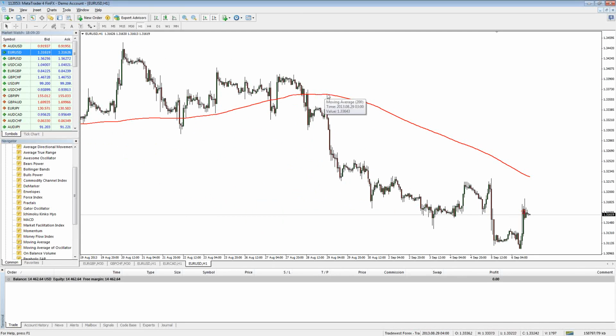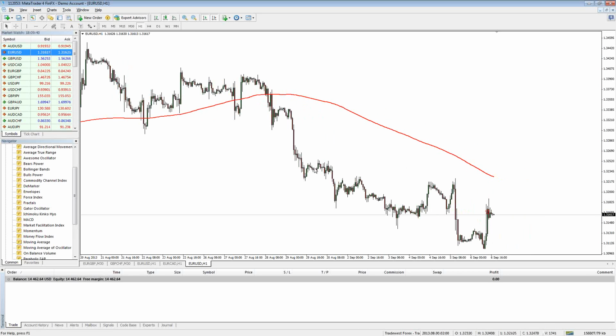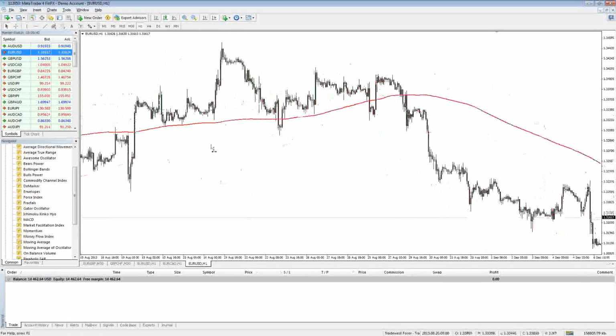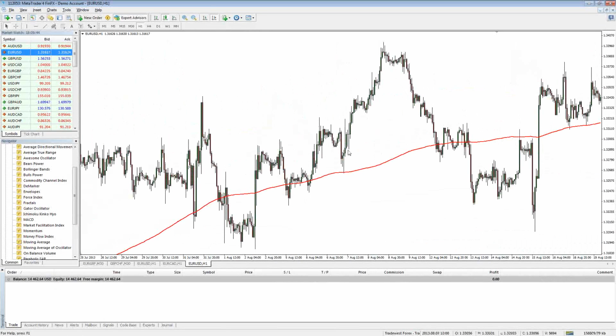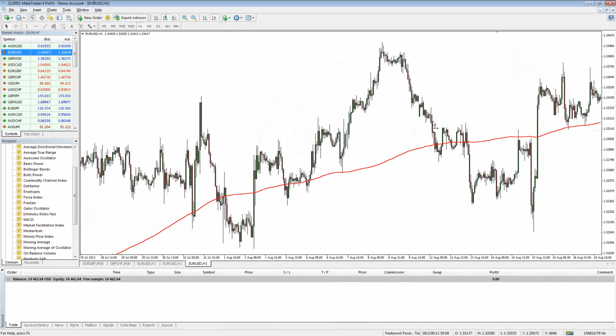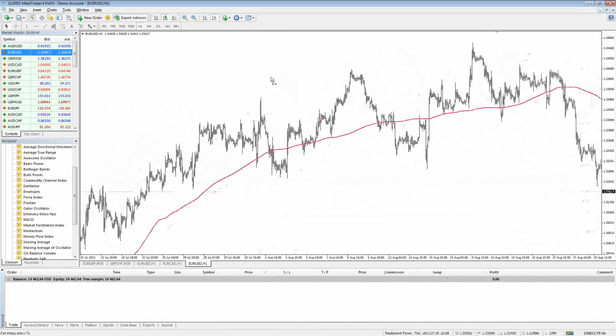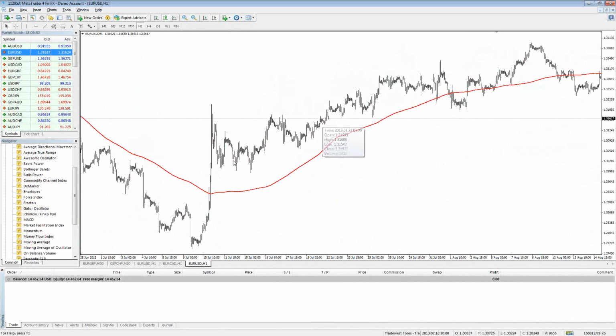If price is below this 200, which is a longer term moving average, it's telling us that the price is likely to go down. If we're below that moving average, it's in a downtrend. And do you see how the market continued to move down, down, down, lower, lower, lower, until it comes back up above here? You would only want to be on the selling side of this. And if we go back in time, when it's above it, you only want to be a buyer. This is just a simple way of making sure you're on the right side of the trend.